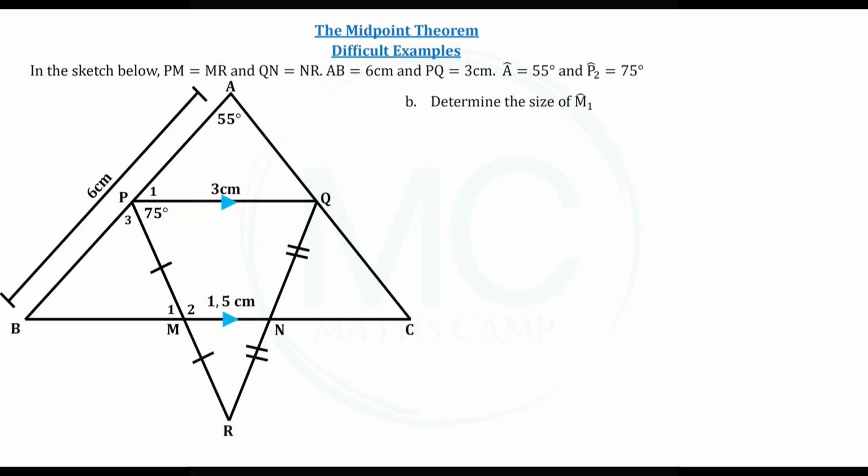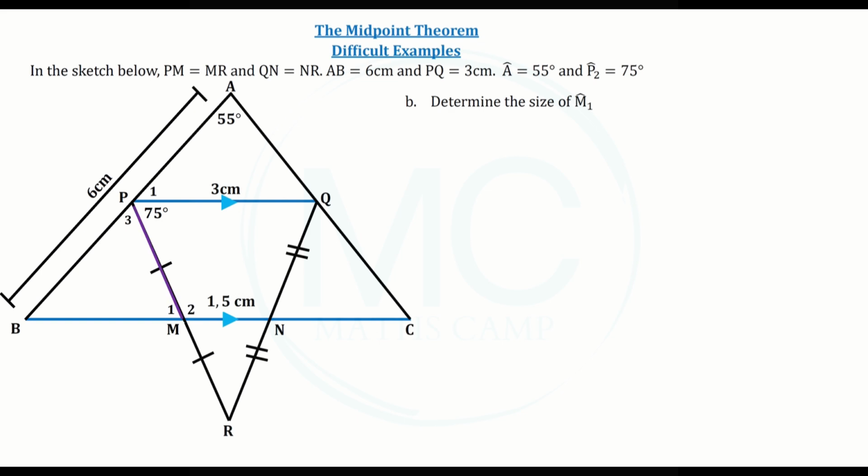So let's make our parallel lines blue. Angle M1 sits over here to the left of line PM. So let's make this our transversal line. Let's make it purple. Now we have a Z shape.